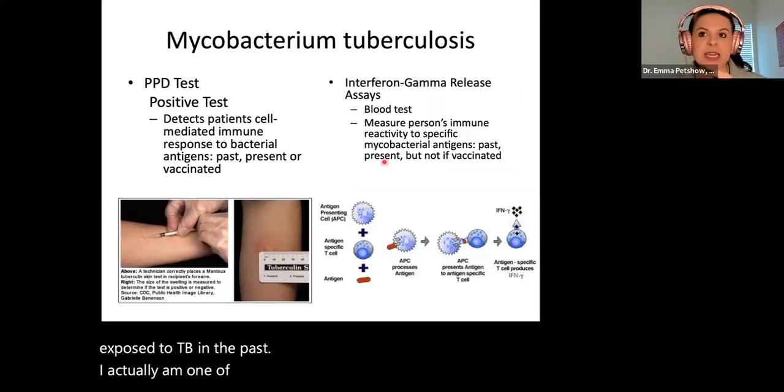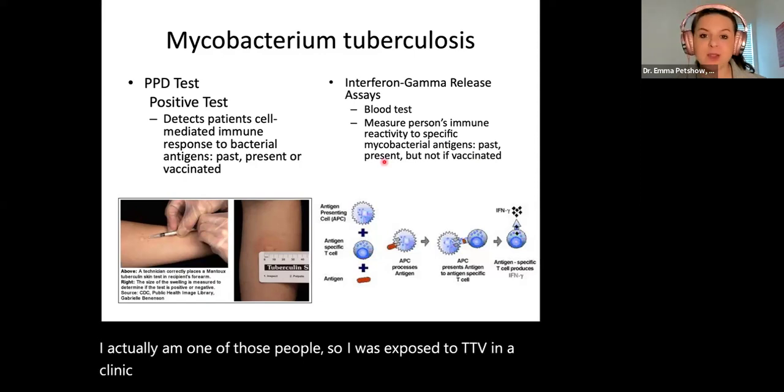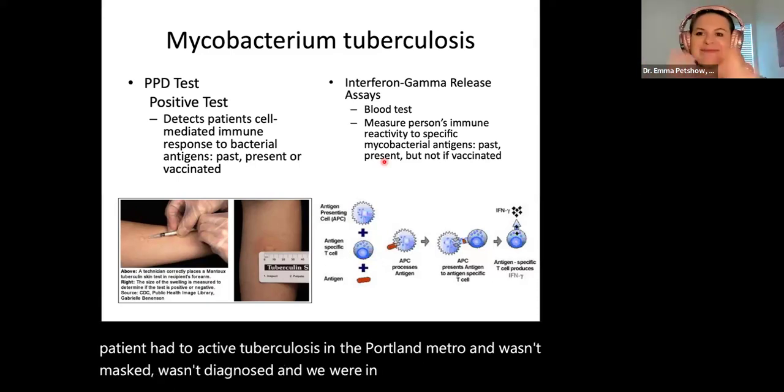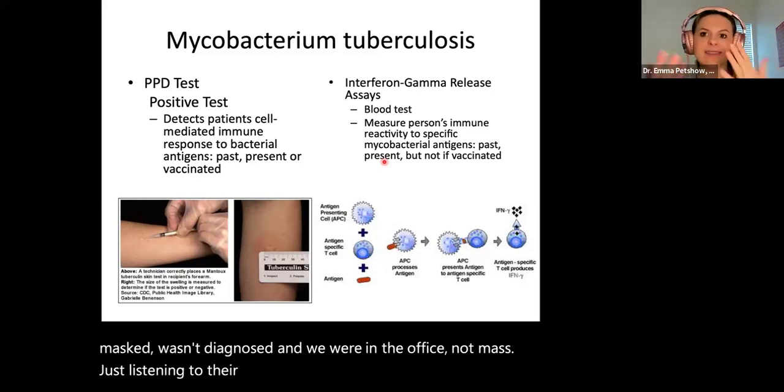So I was exposed to TB in a clinic when I was working as a pre-med student in undergrad. A patient had active tuberculosis in the Portland metro and wasn't masked, wasn't diagnosed, and we were in the office not masked, just listening to their lungs, and then afterwards had to get masked, tested, etc. And to this, I never had active infection.